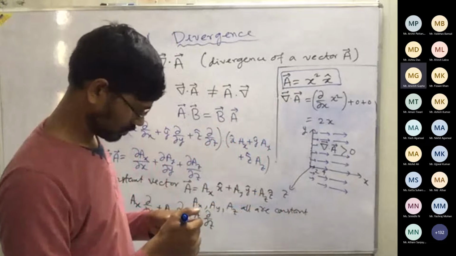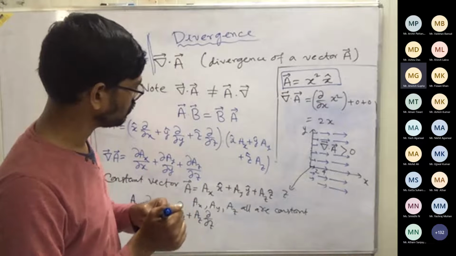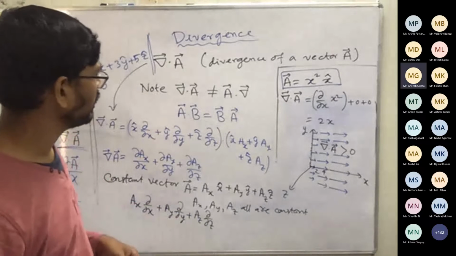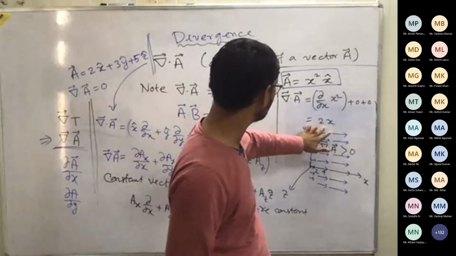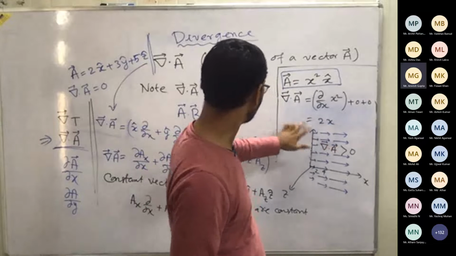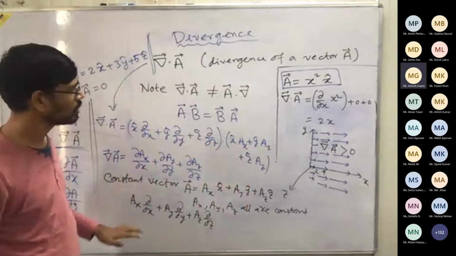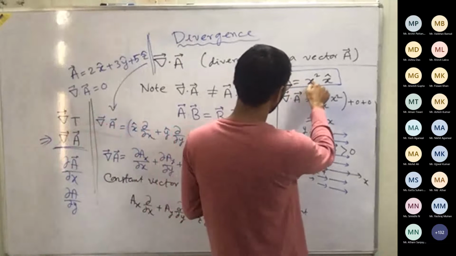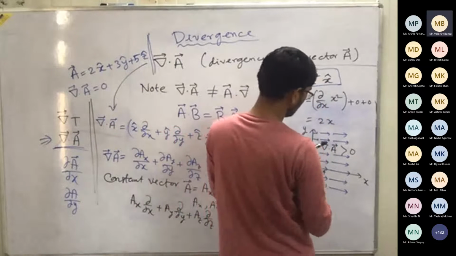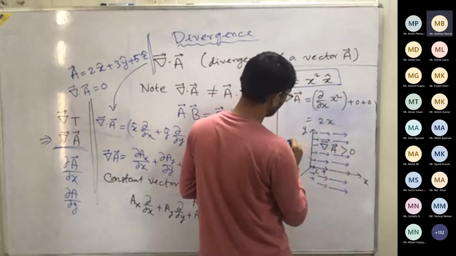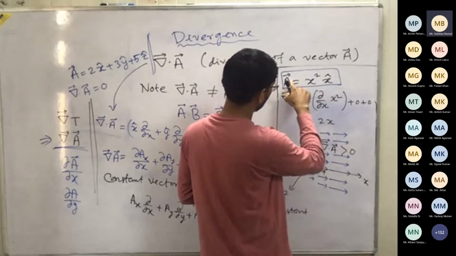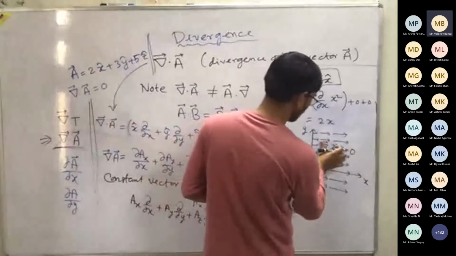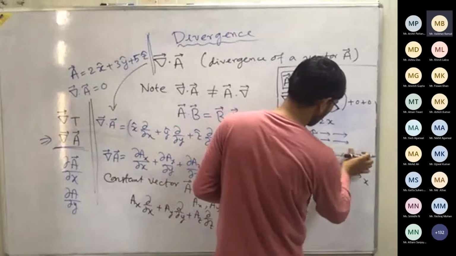Sir, why have we made all those vectors? Del dot A is not a vector, it is 2x. So it must be a straight line. Why have we made arrows? No. I was showing A equal to x square, I was plotting vector A, not divergence of A. It is not this one.